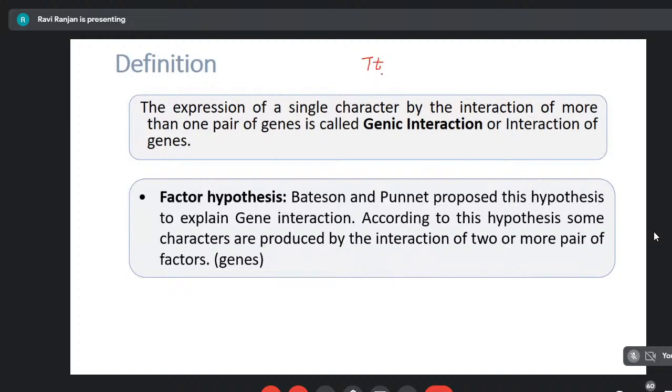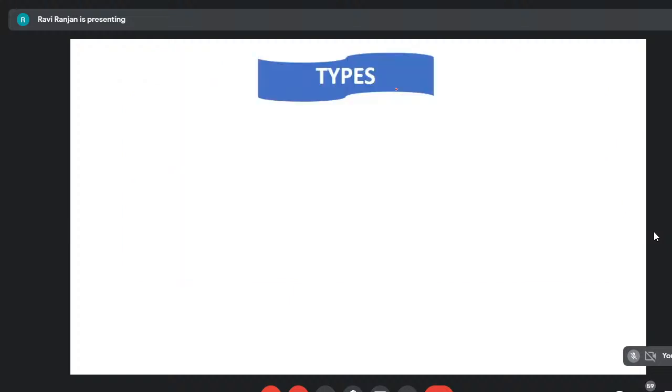That is, there are certain characters controlled by the interaction of more than one pair of genes. This is one pair and this is another pair. Both pairs interact to give certain characters, right? This was put forward by Bateson and Punnett, and the factor hypothesis states that there are certain characters which are produced by the interaction of two or more pairs of genes.